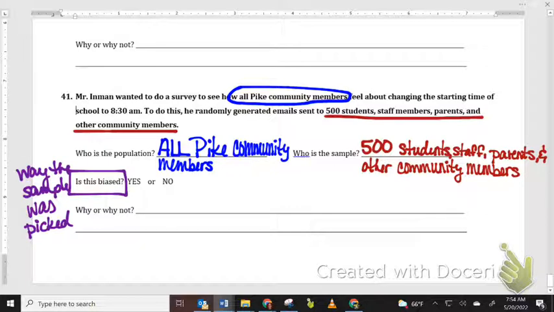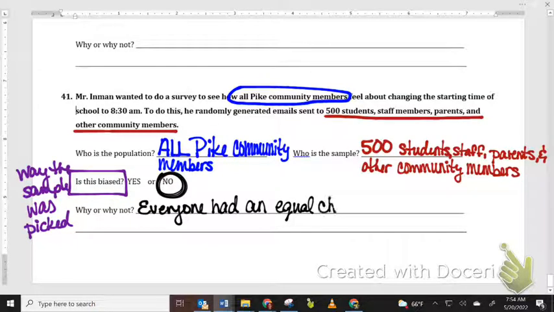Not everybody did get picked, but everybody had the same chance as everybody else. So is this biased? No. Everyone had an equal chance of being selected for the sample.